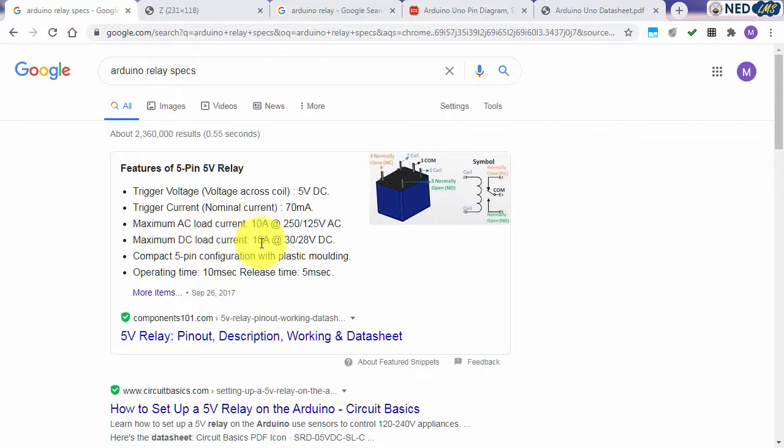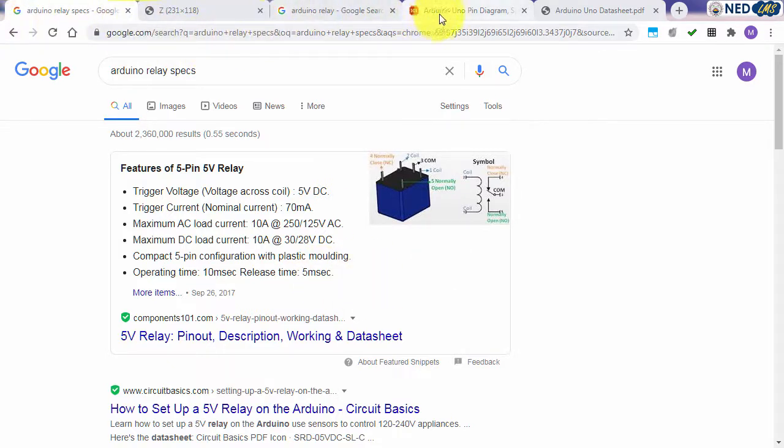The maximum load current is 10 amperes for both of these cases, either at 250 volts alternating current or 30 volts DC. The operating time is 10 milliseconds to close the contacts, and the release time is 5 milliseconds to open the contacts, as obviously no switching action is performed in zero time or instantaneously.